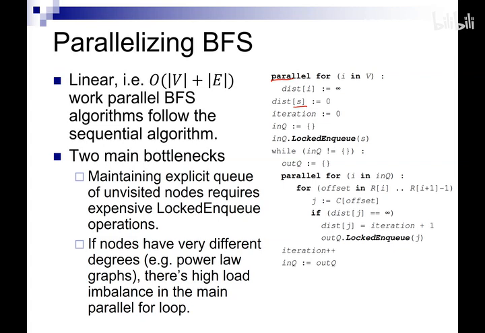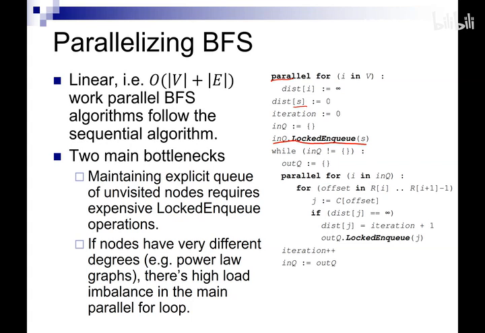So when you access this queue, you need to lock the queue to make sure you don't get any concurrent accesses which can mess up the queue. If you just allow the threads to access the queue without any synchronization, then it can hold incorrect information. Therefore, anytime you want to access the queue in the parallel algorithm, you're going to have to lock it. So this is why we use a locked queue.